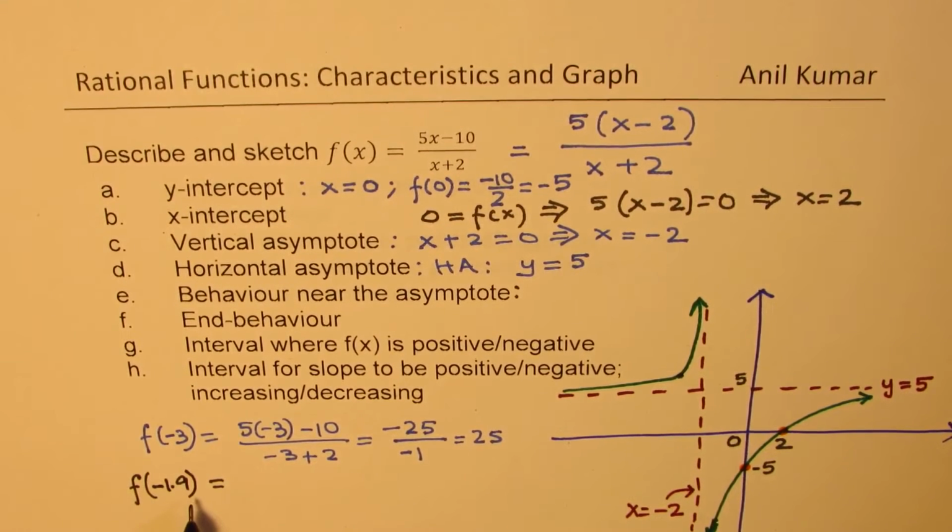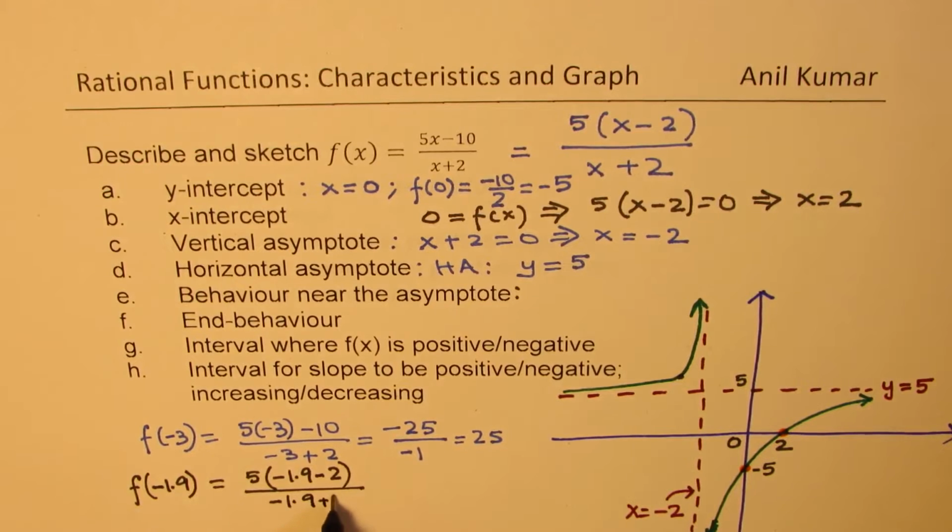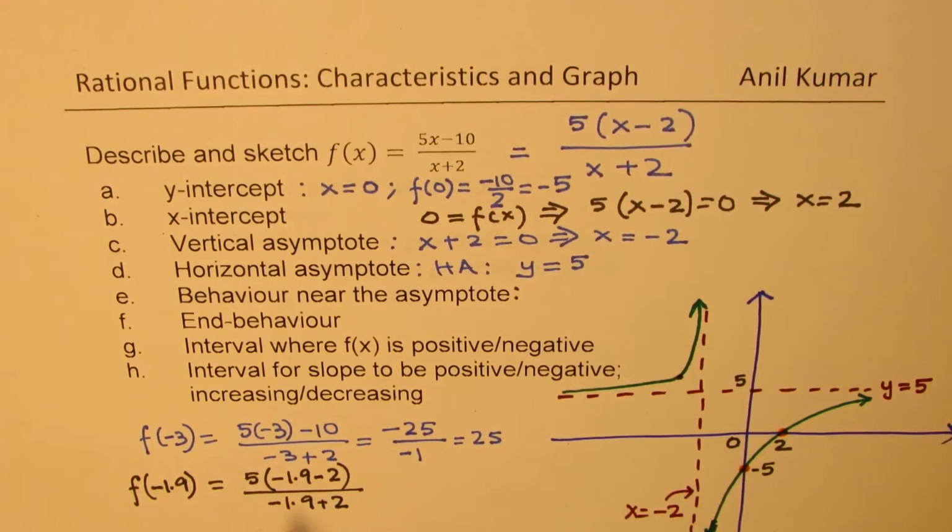I get 5 times (minus 1.9 minus 2) over minus 1.9 plus 2. What we notice here is that the numerator is negative, right?